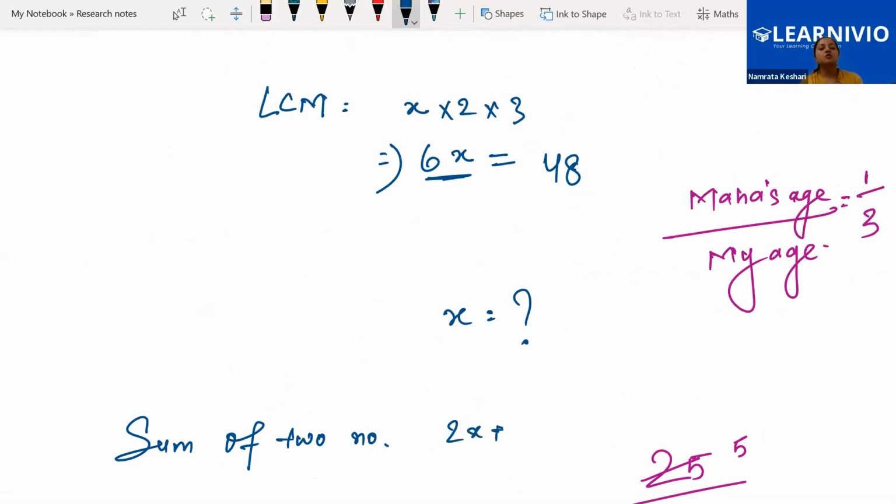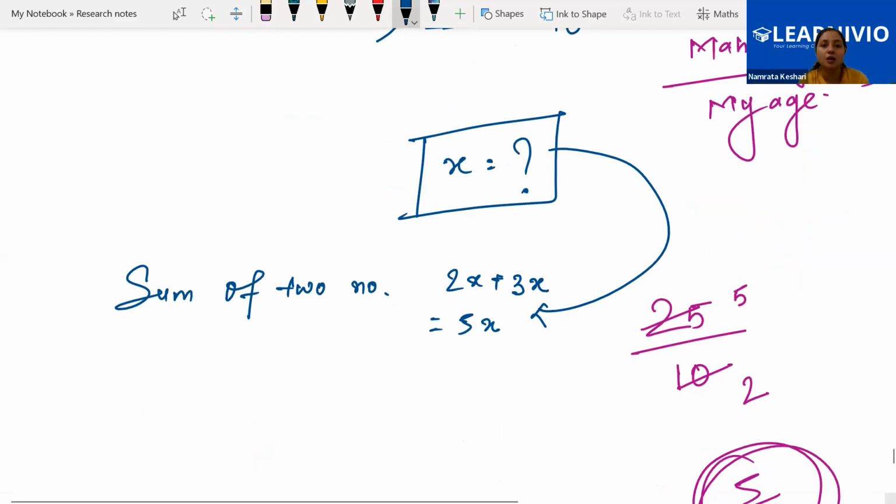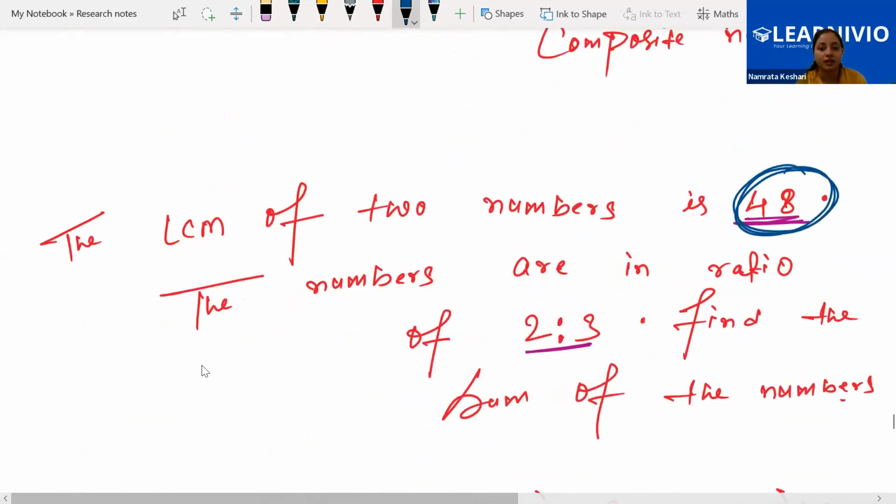Either you can put the value of x and find the first number, then find the second number, and add them to get the sum. Or a quick way is 2x plus 3x, that is 5x, and we can substitute the x value we found directly to get the sum of the two numbers. See carefully, it is a multiple choice question, so we must give the time accordingly.